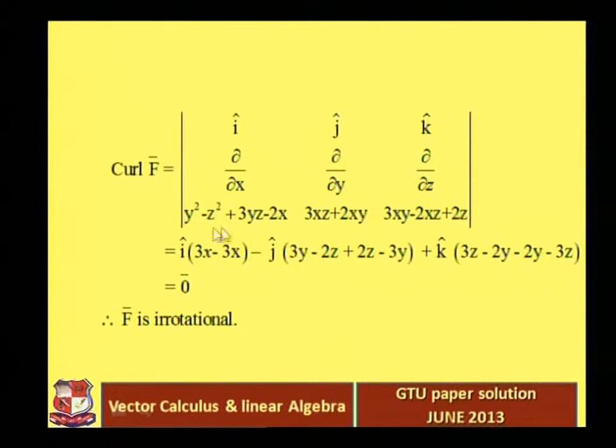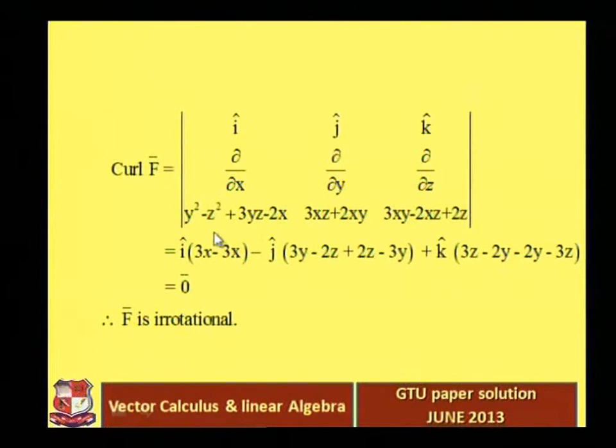The derivative of y cube with respect to y is 3y square, the derivative of z square with respect to y is 0, and the derivative of 3yz with respect to y is 3z.